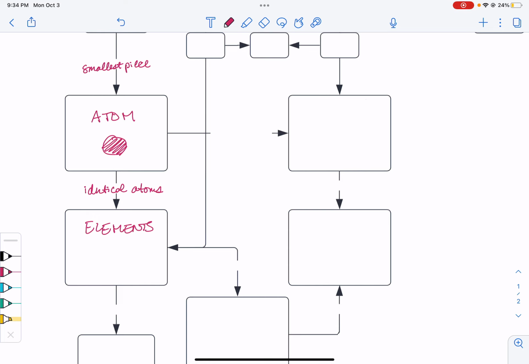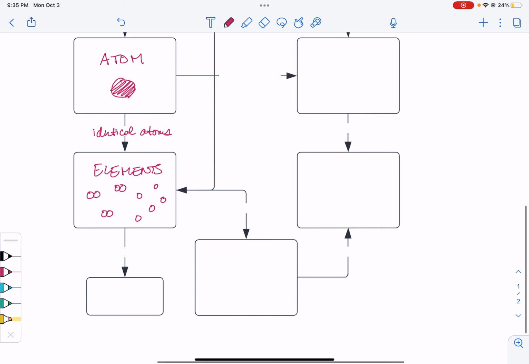Elements can come on their own, or they can come in pairs. As long as they're the same thing, it doesn't matter how many are stuck together, it's still considered an element. Our elements are organized on our periodic table.